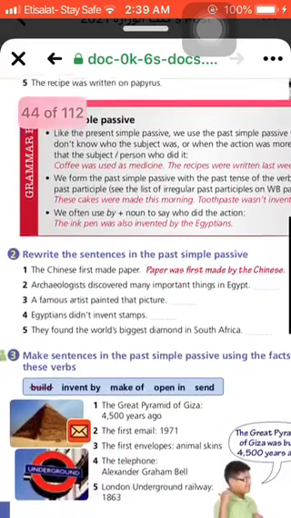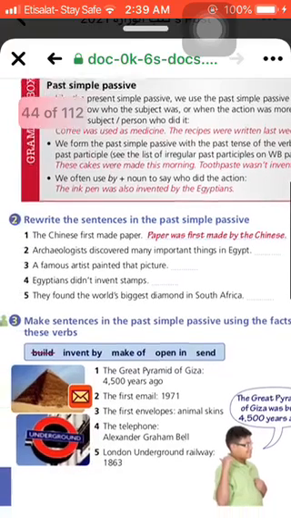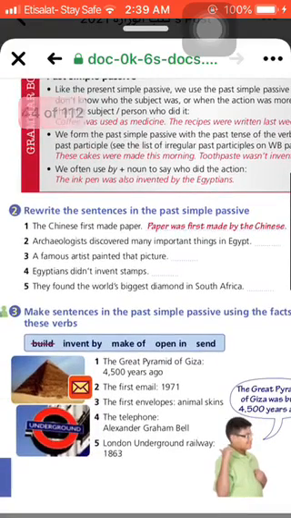Exercise number 2, which is about the past simple passive. Rewrite the sentence in the past simple passive. Number 1: The Chinese first made paper. Here we are going to begin. This sentence is active, so we are going to change it into passive.